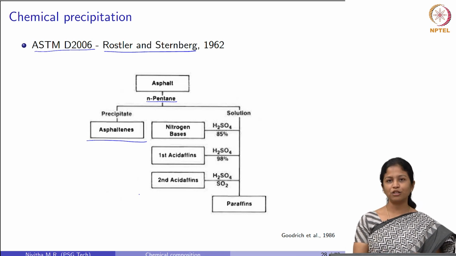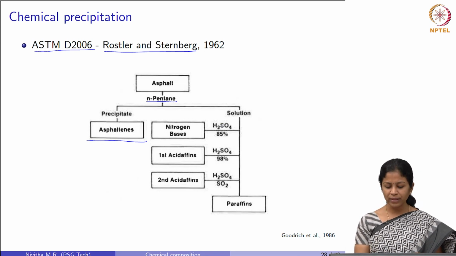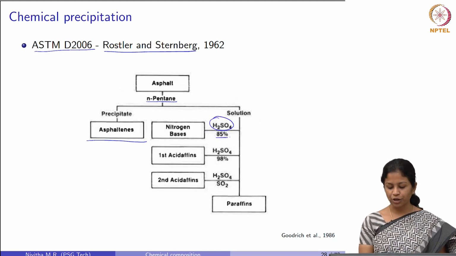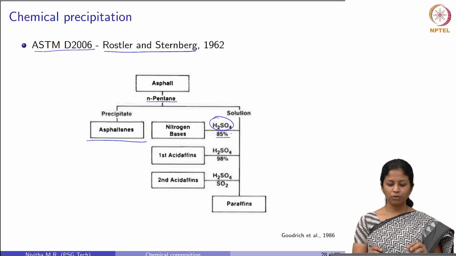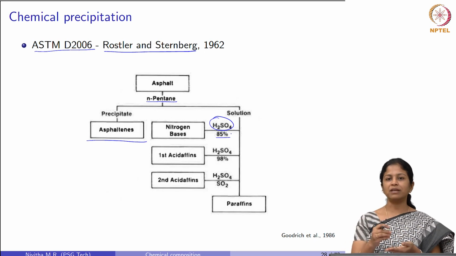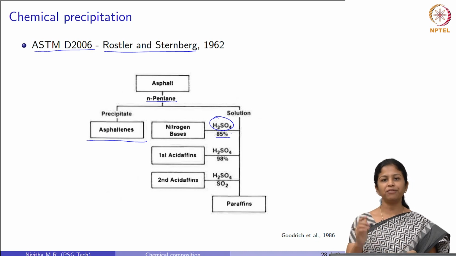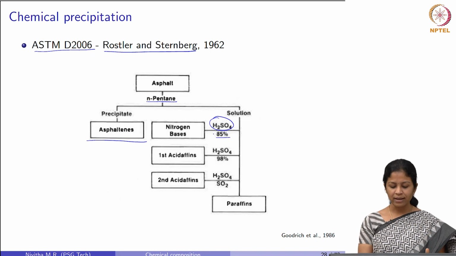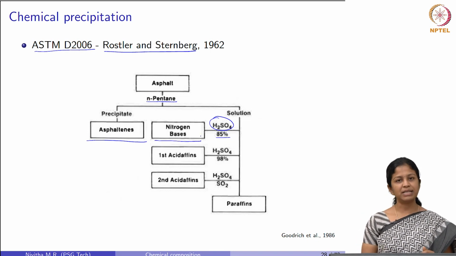The remaining part in the solution is added with H2SO4, sulfuric acid at a concentration of 85%. Whatever is precipitated is called nitrogen bases.